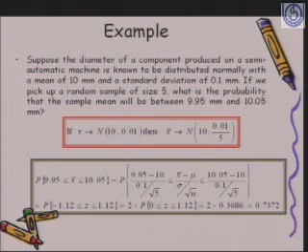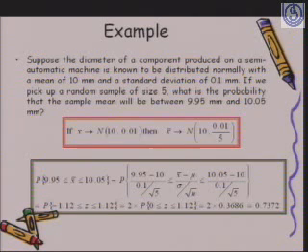You subtract from that variable the mean of the population and divide it by the standard error. This is precisely done in the second expression here: probability 9.95 minus 10 divided by the standard error, that is 0.1 divided by under root 5. It has become a standard normal variate.